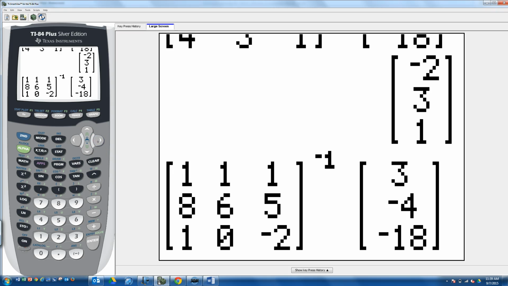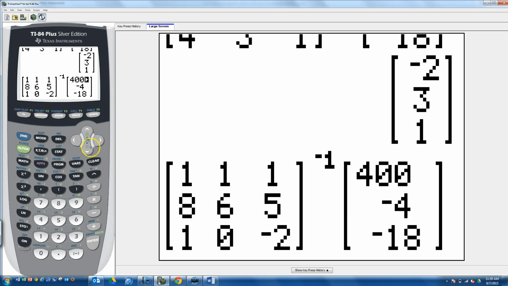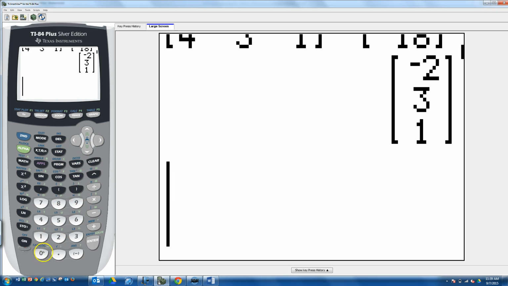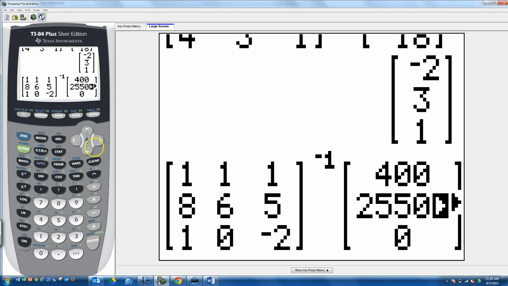Okay, and then the top number is 400. The second number is 2550, and the third number is 0. Okay, I think I have everything done. I hit enter. Hopefully they're nice numbers.